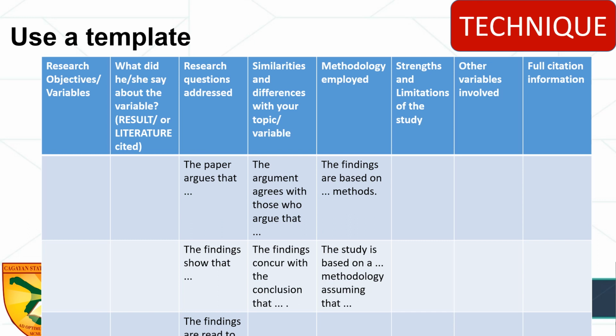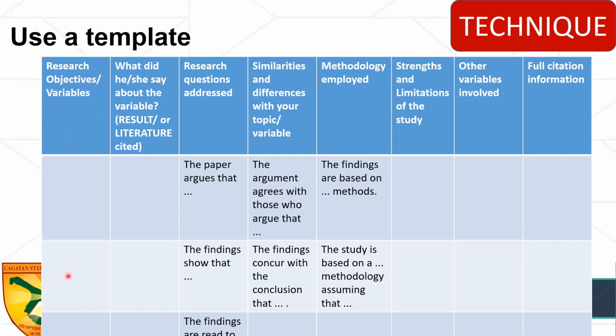Another technique is using again a template, but this template is different from the template that I showed you when you were doing your topic search or narrowing down of your topic. Now you are in your review of related literature and you already have your research objectives or variables.